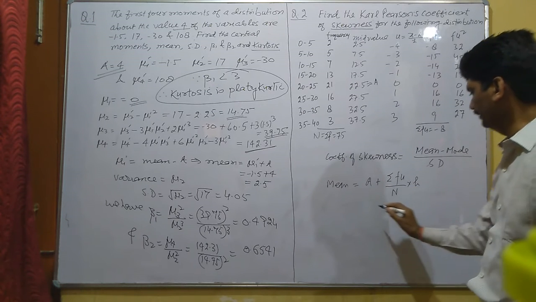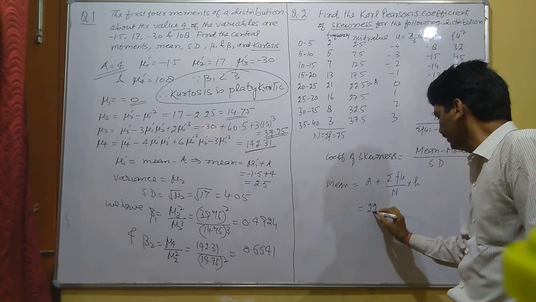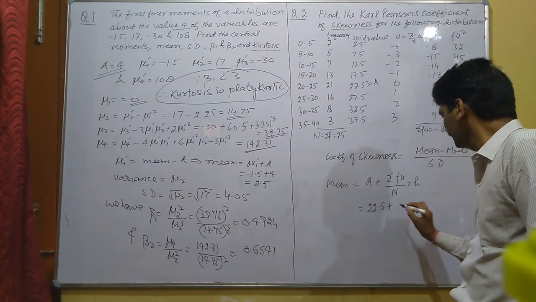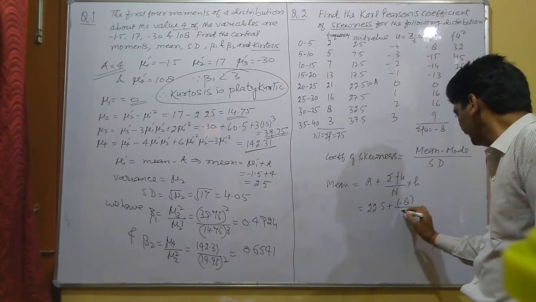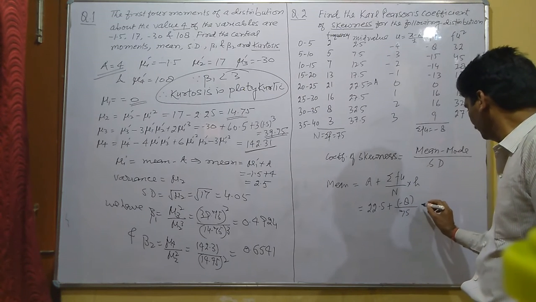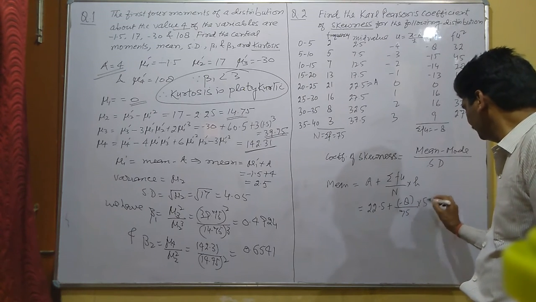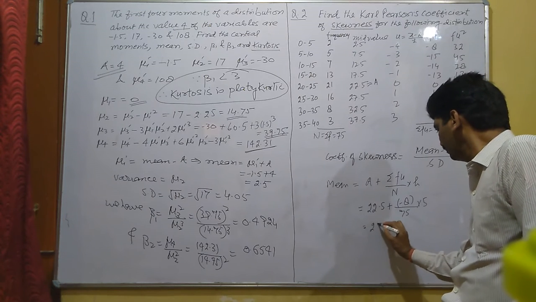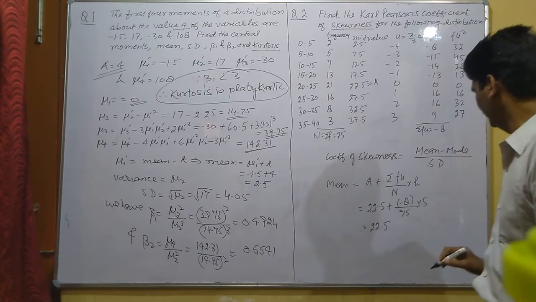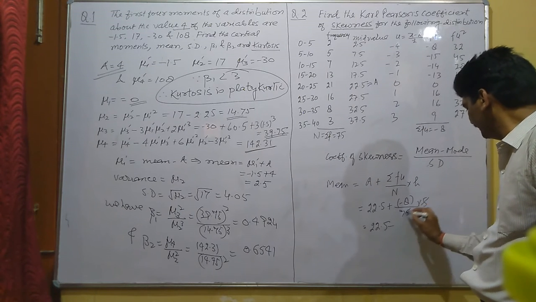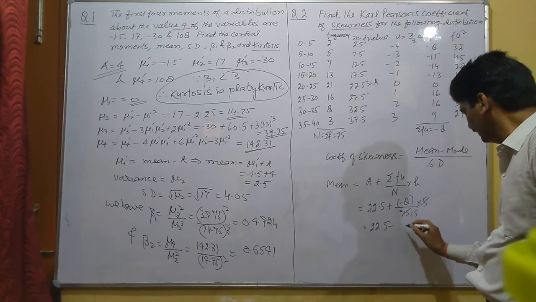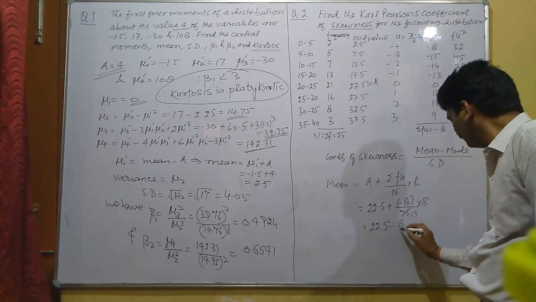So after putting the value A, that is 22.5 plus sigma fu, that is minus 8 upon 75 into h, that is 5. So 22.5, and this is minus 15, and 8 upon 15.